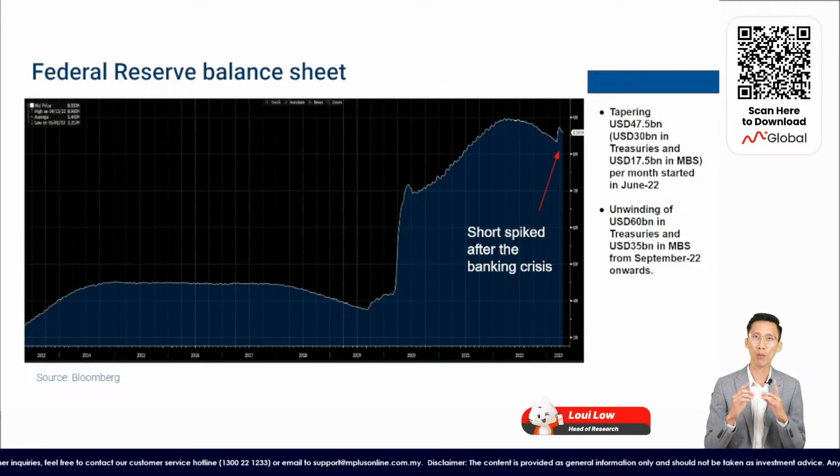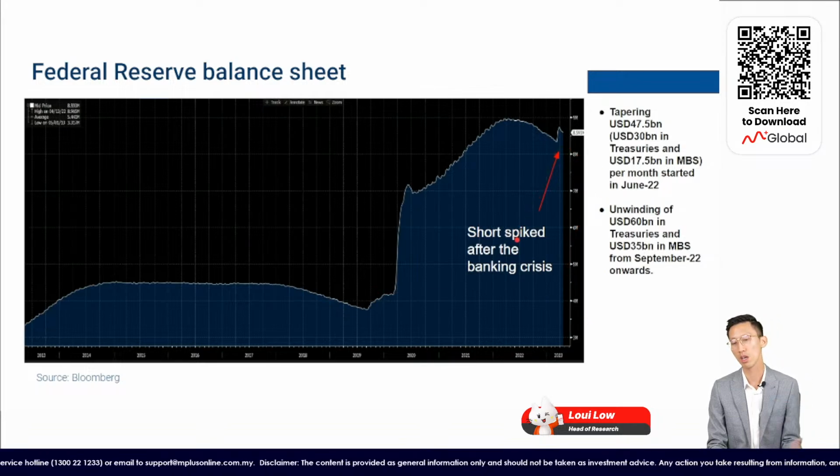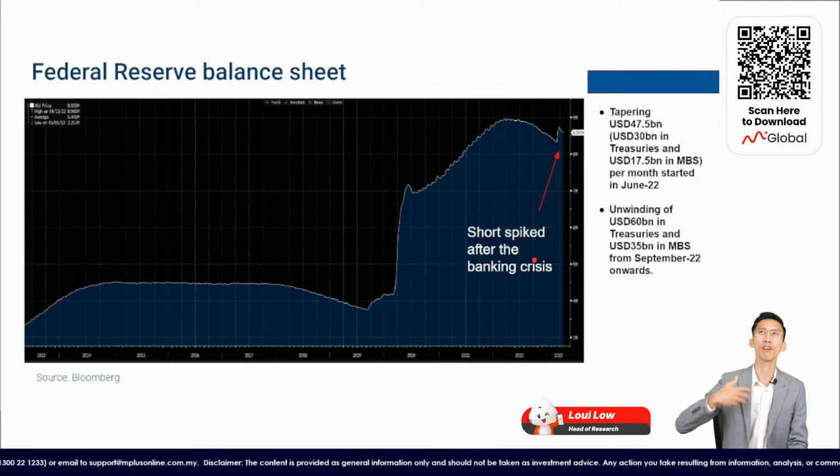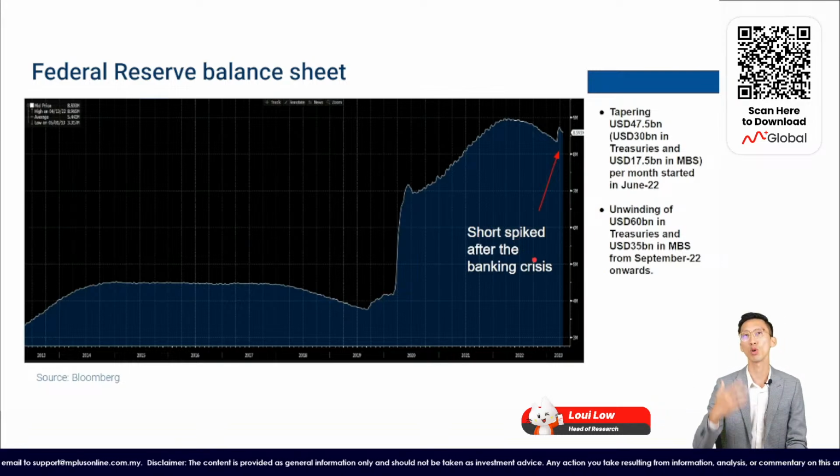So that is one point I want to bring out on the Federal Reserve balance sheet. But recently, yes, it has been spiking up because of the banking crisis. The Federal Reserve has been lending out money to those in some trouble with their liquidity, providing liquidity to some of the banks.